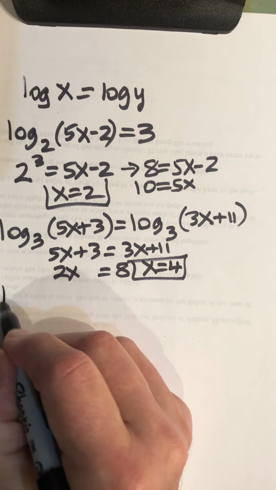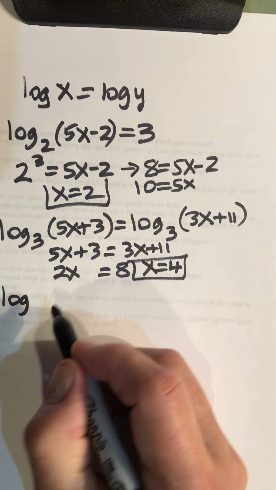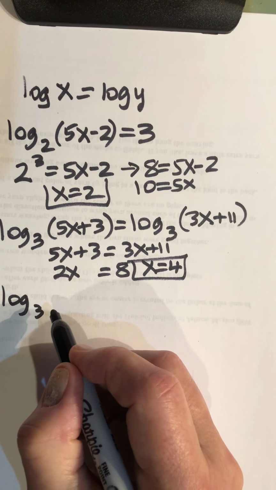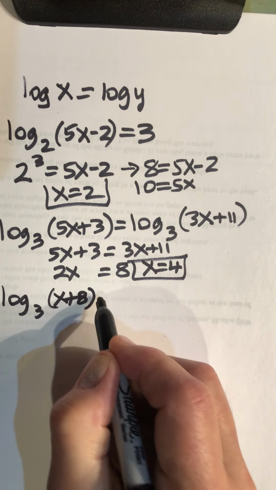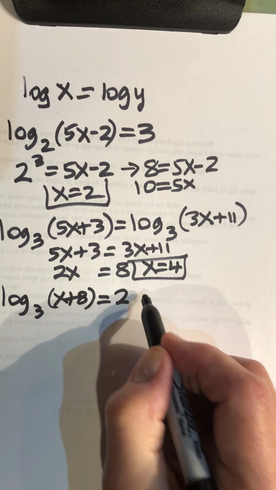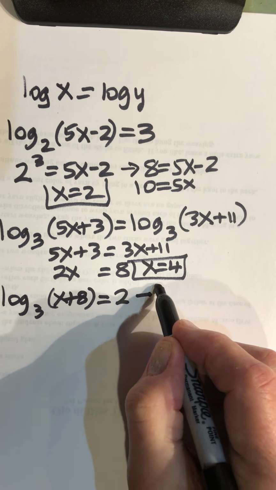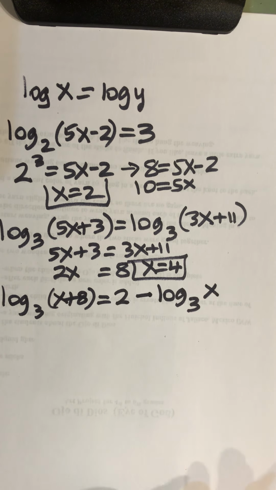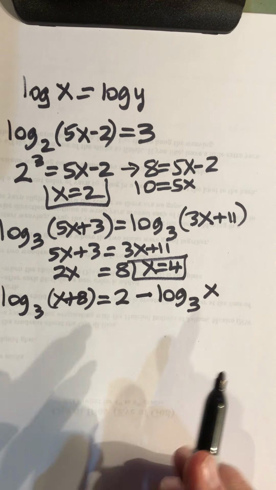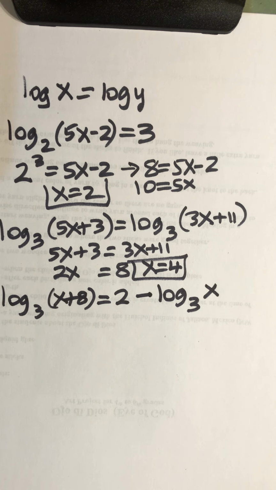All right, what about log base 3 of x plus 8 equals 2 minus log base 3 of x. This is a stumper. I've got logs on both sides, but they're not equal to each other because there's a 2 in there.